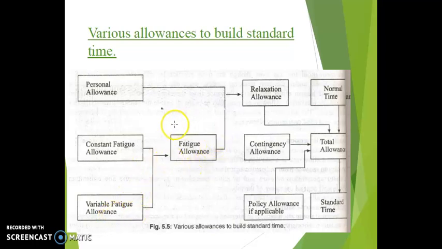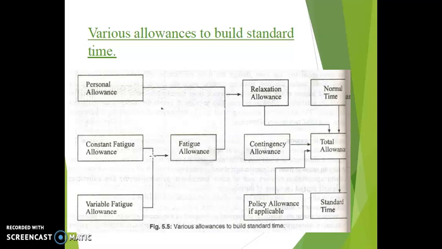If we look at the allowances, why are these allowances important? We know that the observed time and rating factor don't consider any allowances for the worker, and we know that it is impossible to work throughout the day even though the most practicable effective method has been developed.